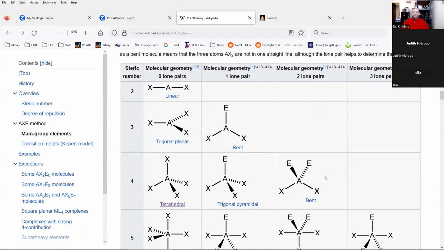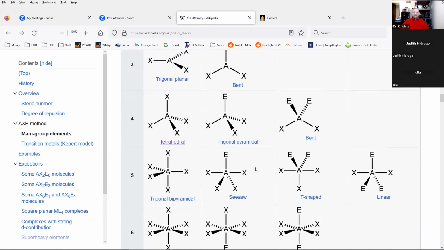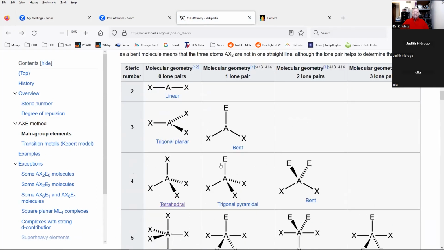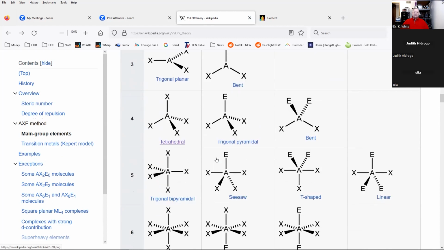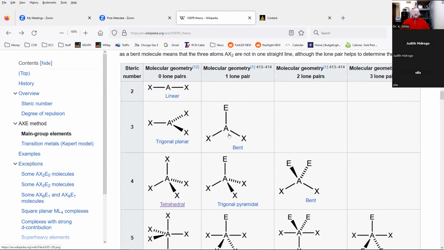Water has 2 hydrogens going to an oxygen, and it has 2 non-bonding pairs of electrons. In this chart, E is non-bonding pair of electrons, and X is hydrogen or any other atom. And the center A is the center atom. For water, it would be oxygen, and the X would be hydrogens.